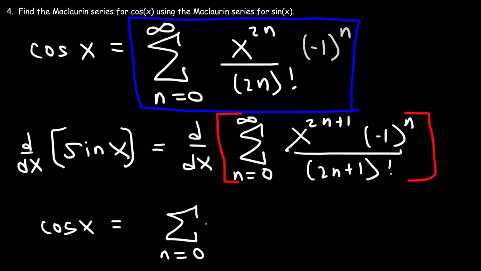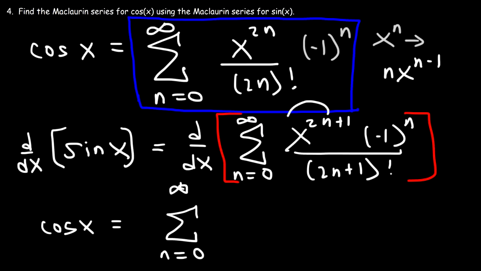So let's rewrite the summation notation. And we need to realize that negative 1 to the n is a constant. 2n plus 1 factorial, that's a constant. So the only thing we need to take the derivative of is x to the 2n plus 1. And let's use the power rule. Based on the power rule, the derivative of x to the n is nx to the n minus 1.